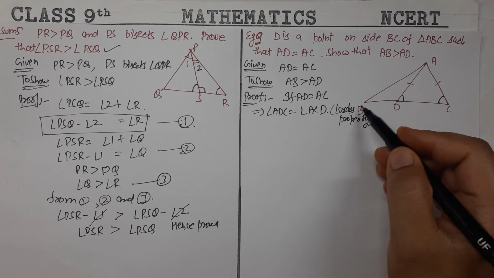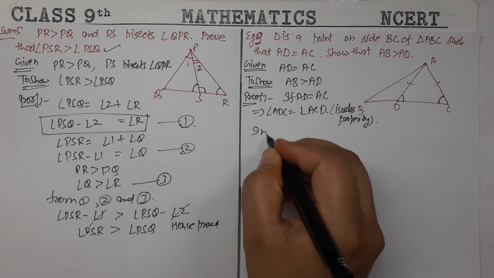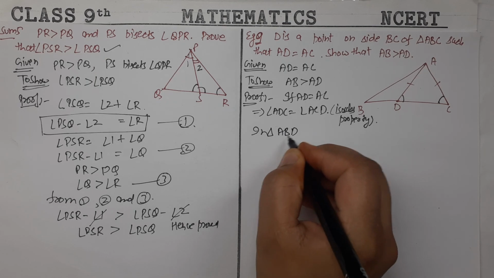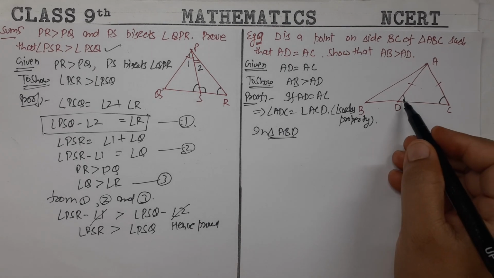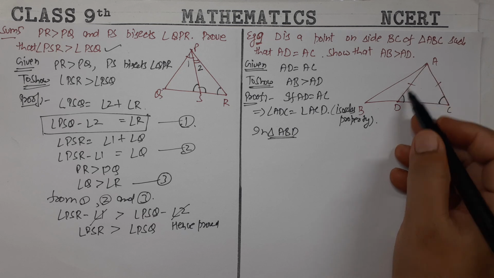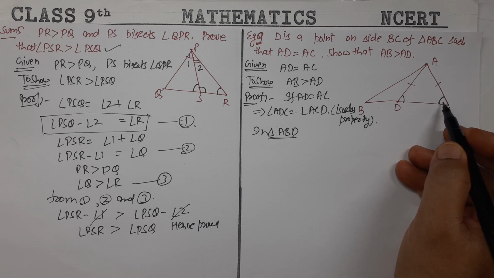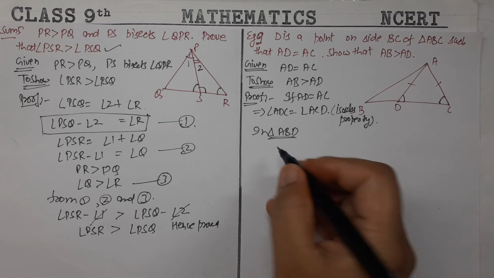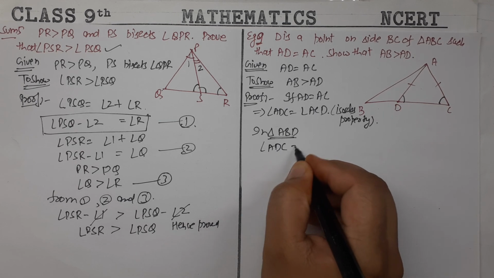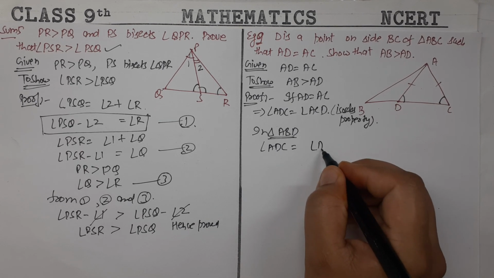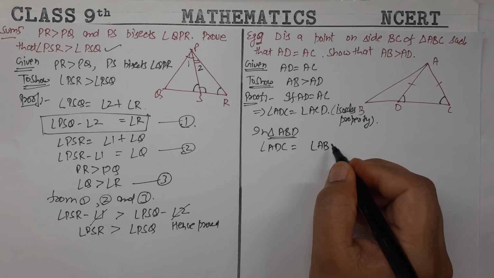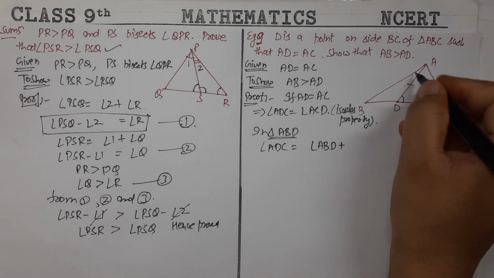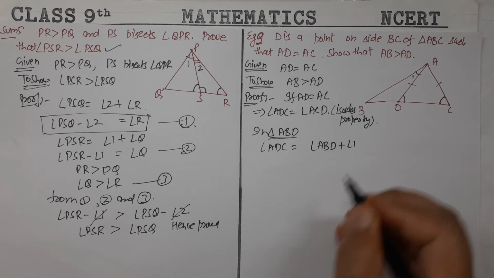In triangle ABD, angle ADC equal to angle ABD plus angle 1.